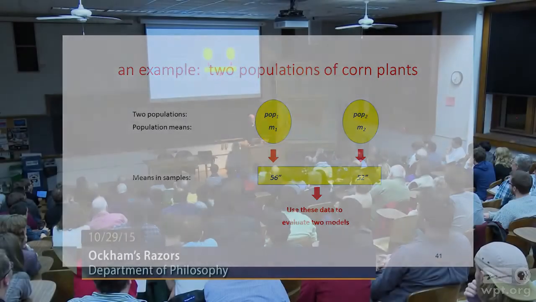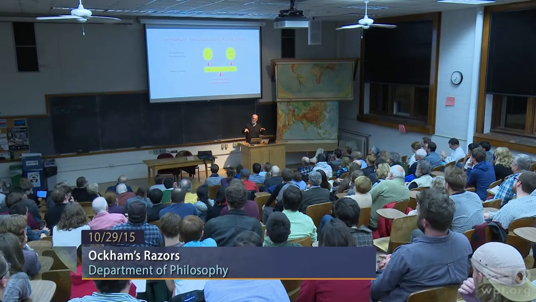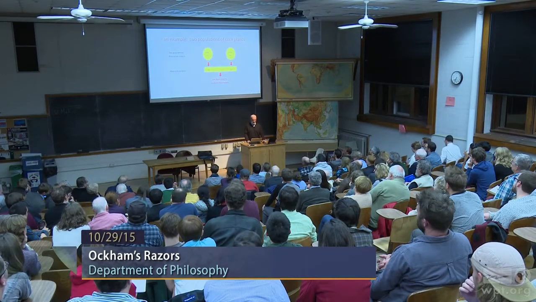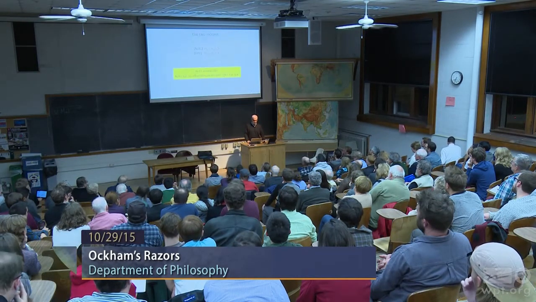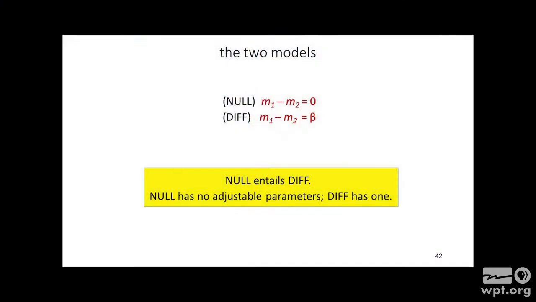That's your data. And you're going to use the data you just collected from these 100 corn plants from here, 100 corn plants from there, to try to evaluate two models. The null model says that the mean height in the first population is identical with the mean height in the second. That's why it's called a null hypothesis. It's saying the difference between the two populations is 0.